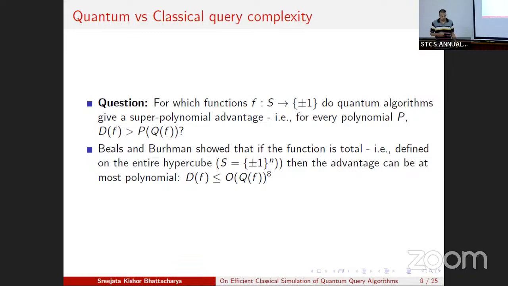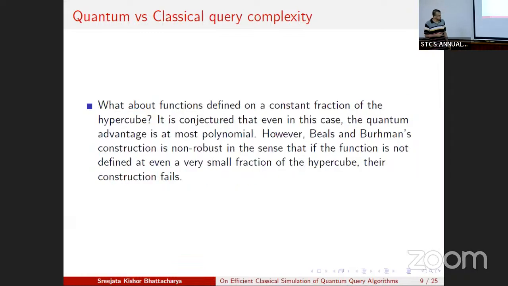If you recall, what they do is that they find these minimal sensitive blocks, and they say these minimal sensitive blocks cannot be too large, because then the block sensitivity at other inputs is high. But you don't know that the other input belongs in the promise. So Beals-Buhrman crucially uses the fact that the function is defined on the entire hypercube.